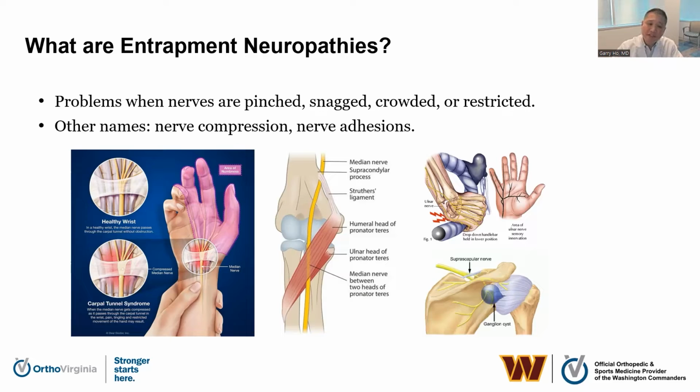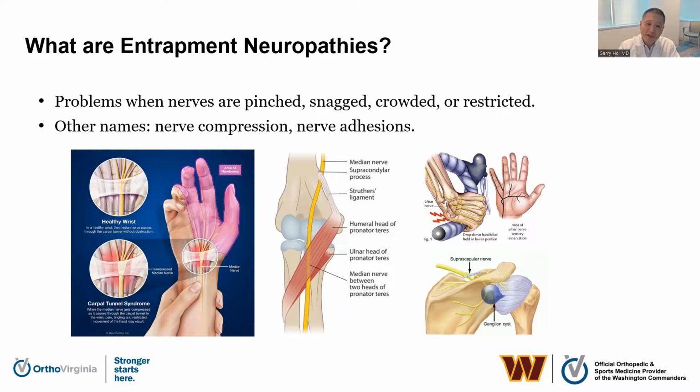And this can happen in different scenarios. You can see here in this slide pictures that depict a few of these. On the left side, you can see our classic carpal tunnel syndrome. What happens there is that there is a space in the wrist that's formed by the bones in the wrist, as well as a ligament that goes over those bones. That's called the carpal tunnel. It's a tunnel through which the median nerve travels as it goes from the forearm to the hand.